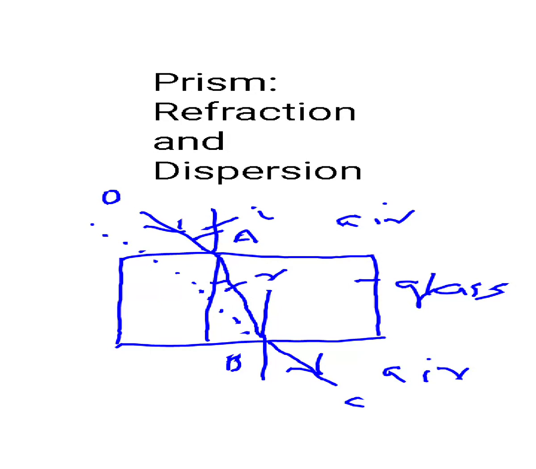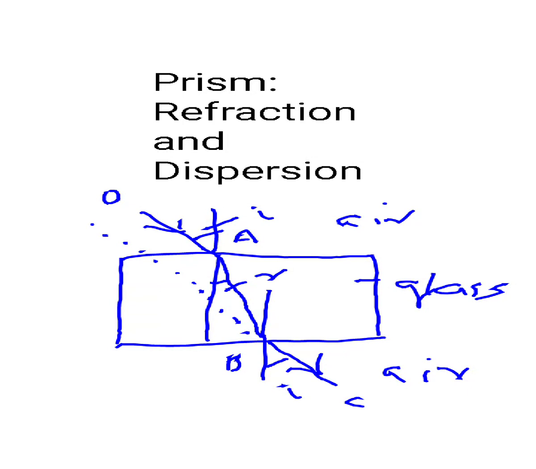And then it will be again angle I. So the emergent ray, because there is a process of refraction because the medium is changing. The speed of light changes in different mediums, so it is going from air to glass and from glass to air. So this process of refraction happens when we encounter this interface. Two mediums are there, and again the ray is emerging out in the same medium.